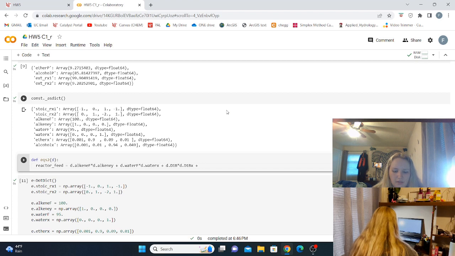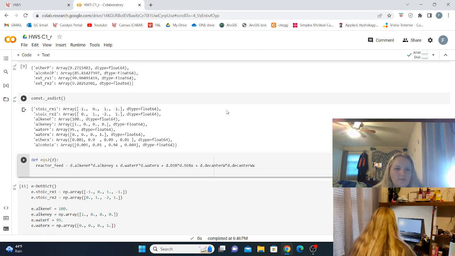Then we're going to add for our decanter, D.decanter_W times D.decanter_W. Okay, that all looks good, I think. Now next we need our reaction. Again, let's have Rx and S, and this still is going to be the extent of our reactions multiplied by their stoichiometry.